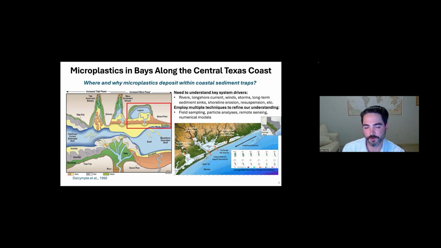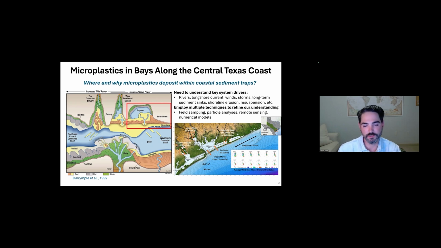And we chose to target this particular system because in the geologic record, these bays are known to be sediment traps. And given our increasing coastal populations, they act as filters for terrestrial derived material as it's working its way towards the coast. And microplastics may be sequestered similar to sediments.